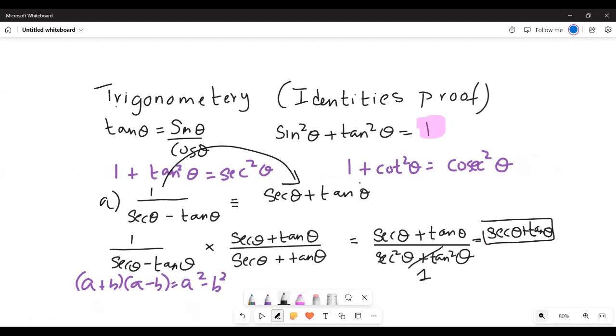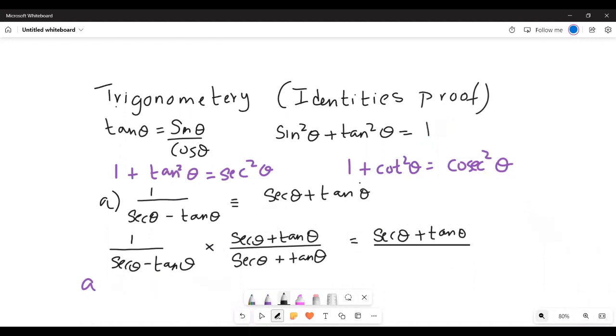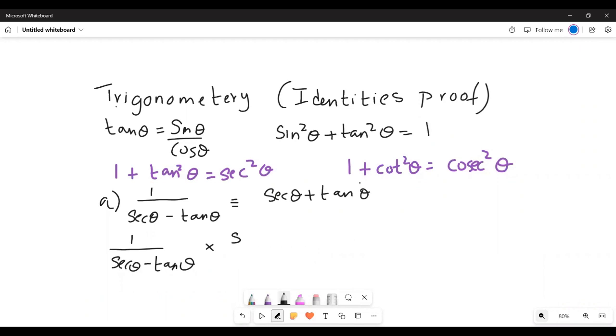There's no one fixed way of proving an identity. There are more than one ways of doing it. Let's see if we can figure out some other way of doing this. So what do we know about secant theta? Secant theta is 1 upon cos theta. And what do we know about tan theta?